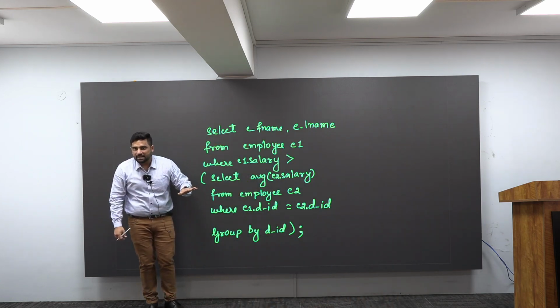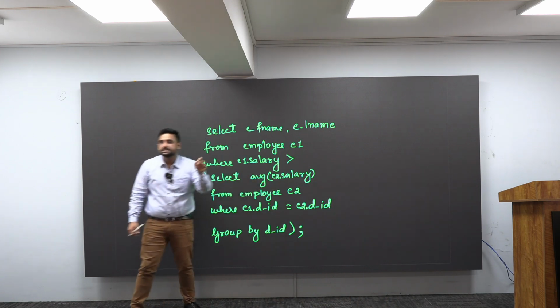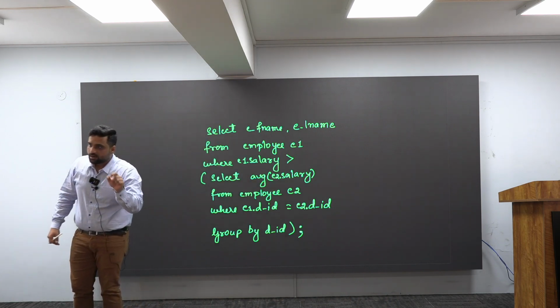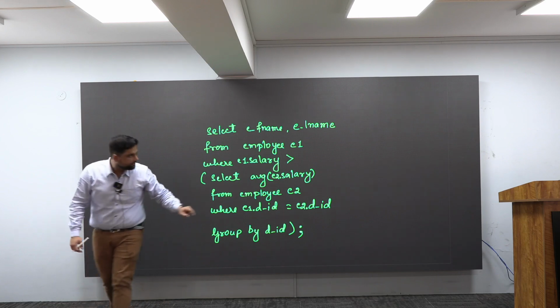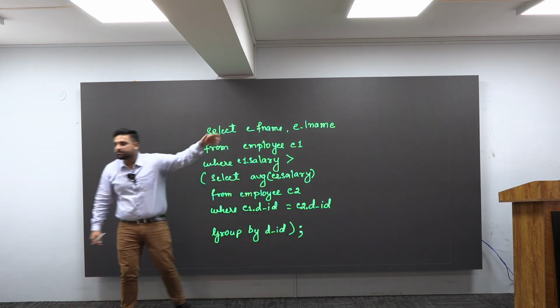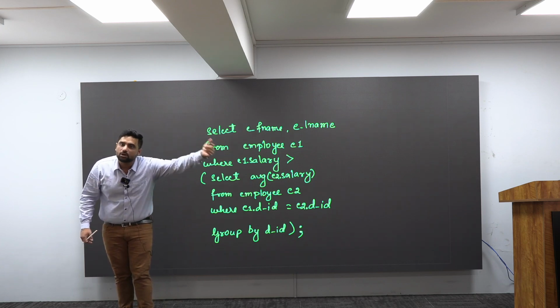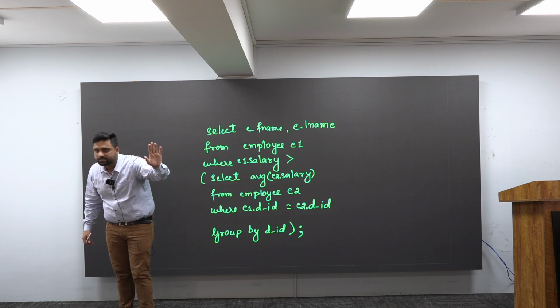Now over here, whatever salary we have of a department, from their department only we should get the average salary. Understood? Because here we are comparing department ID, it will not give from other departments. If Jennifer belongs to department 21, then it will compare with department 21 only, not department 22, not department 23.